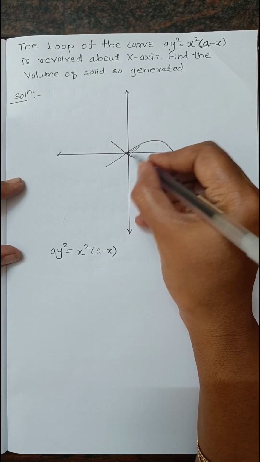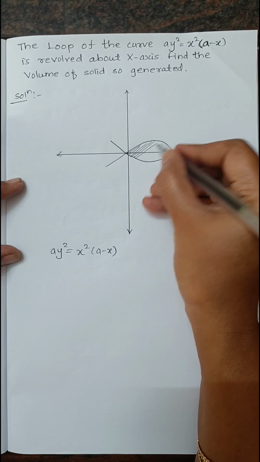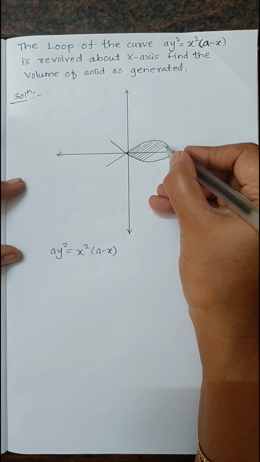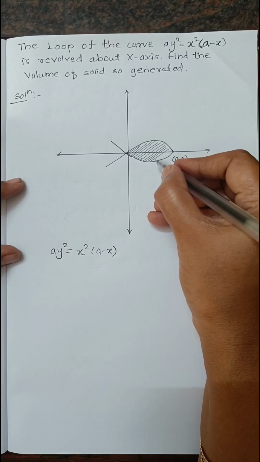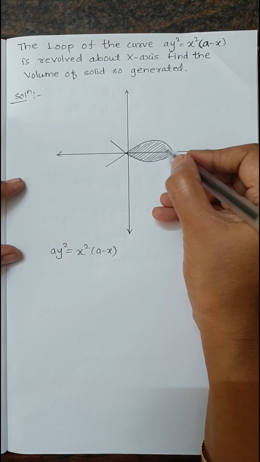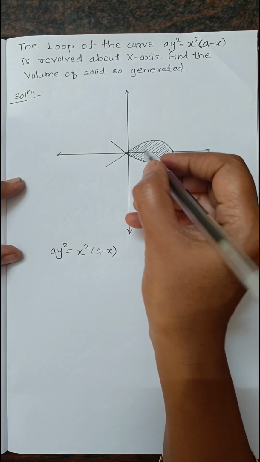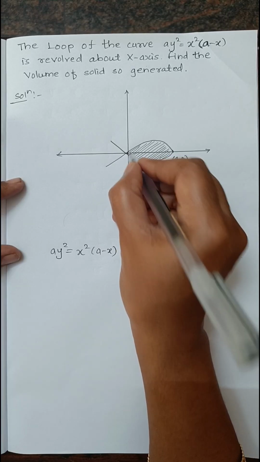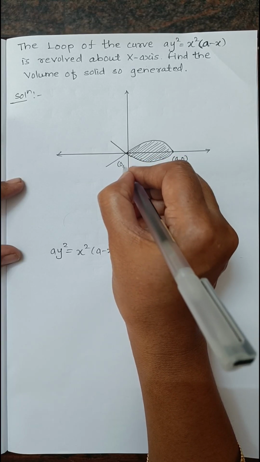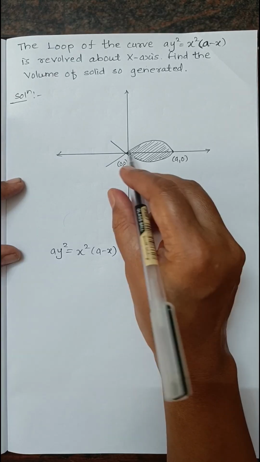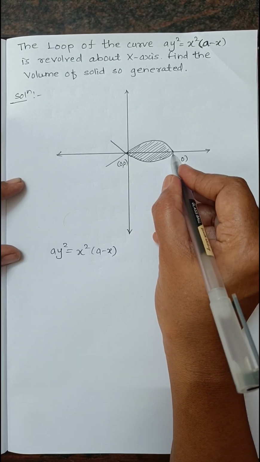This loop is revolved about the x-axis and we have to find the volume of that solid. This point is (0, 0), the origin, and this point is (a, 0).